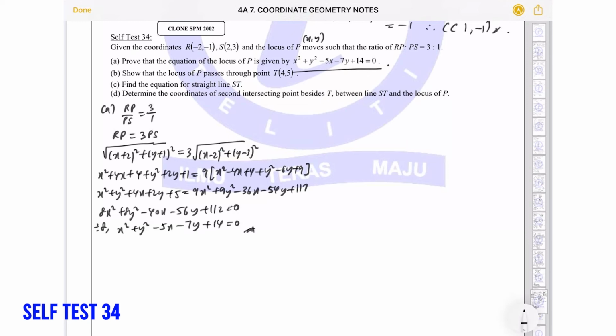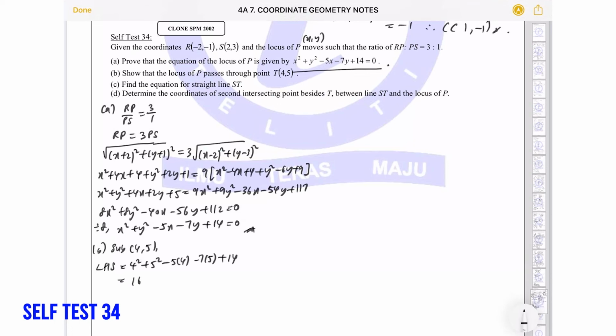How do you show that the locus of P passes through the point (4, 5)? Similar to my example, I have to substitute the coordinate (4, 5) inside. My left-hand side will be x, 4 squared, y is 5, you square it, minus 5 times 4, minus 7 times 5, plus 14.